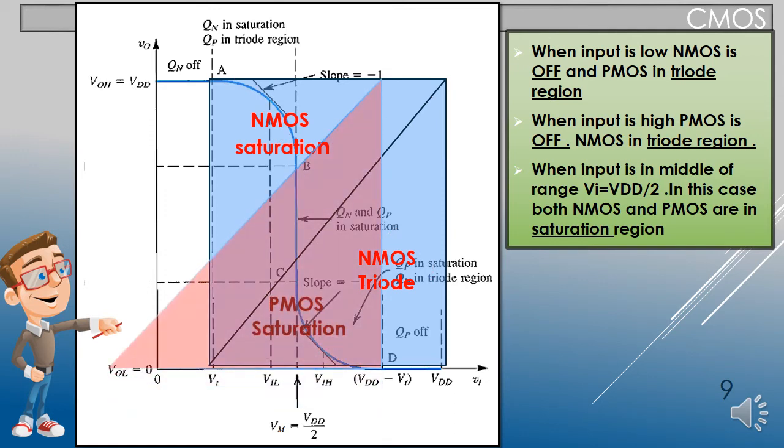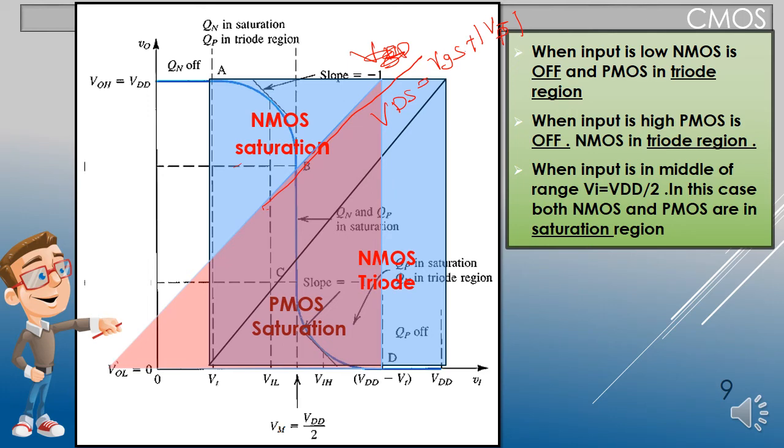Now it is the condition for PMOS, and this is a line equation. VSD is equal to VSG minus VT, and we know that threshold voltage for PMOS is positive, so it is a plus.